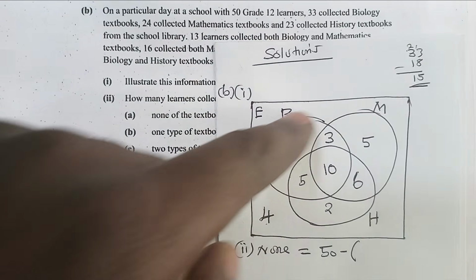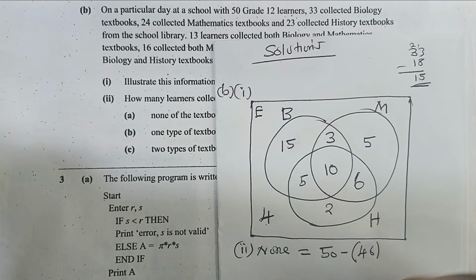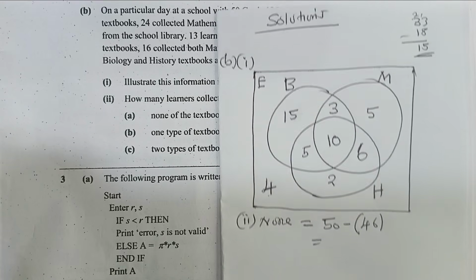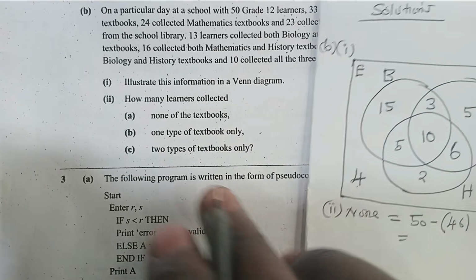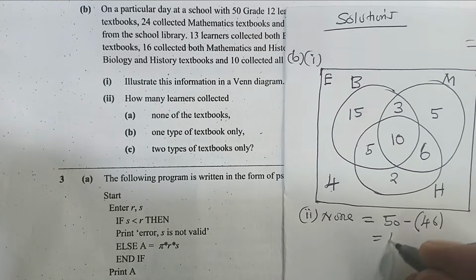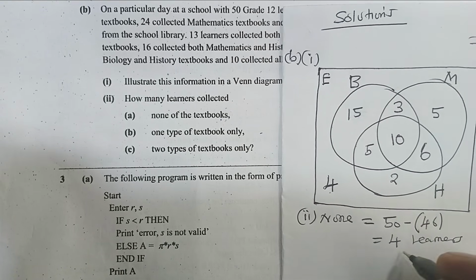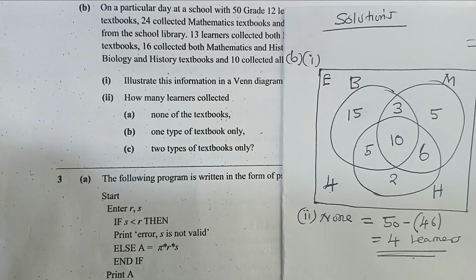Already we have checked these numbers put together is going to give us 46, okay? Meaning those that collected none of the textbooks are going to be just 4 learners. So that is for the second part of the question. 4 learners collected none of the textbooks.